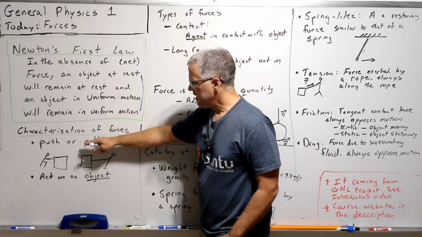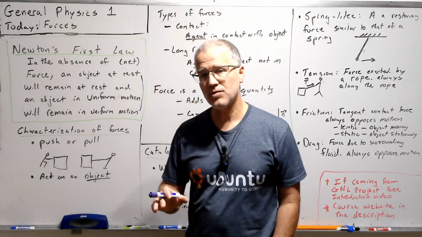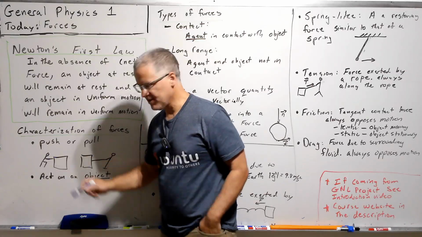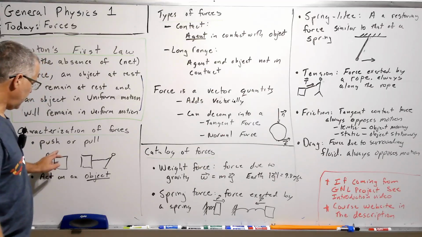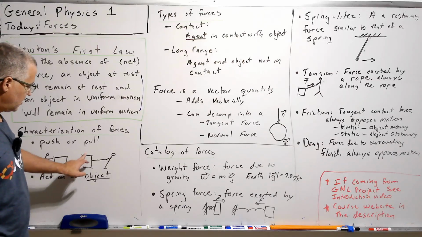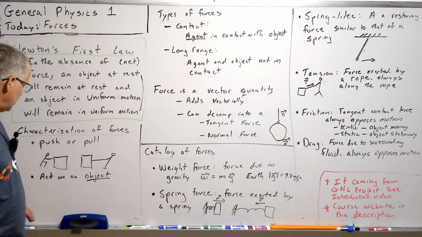These forces will act to either push or pull an object. Schematically here, I have us pushing a box. In this case, we think of the box as the object. And here now I'm pulling the box.